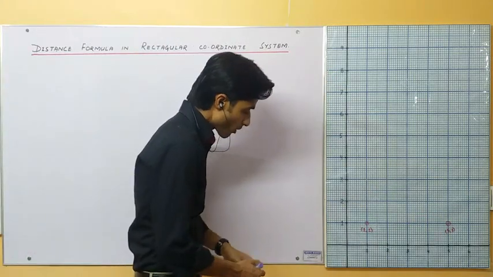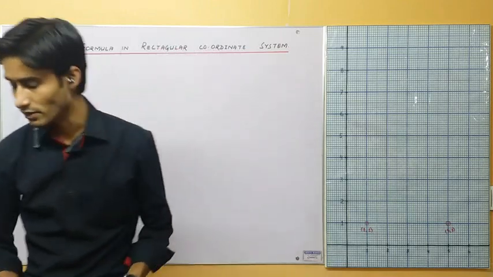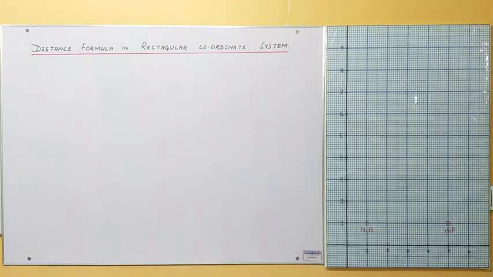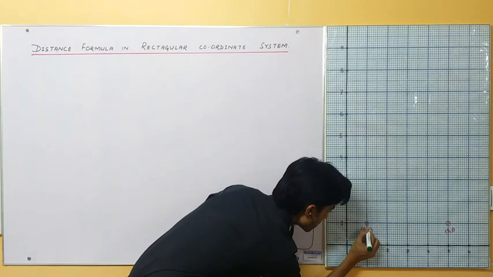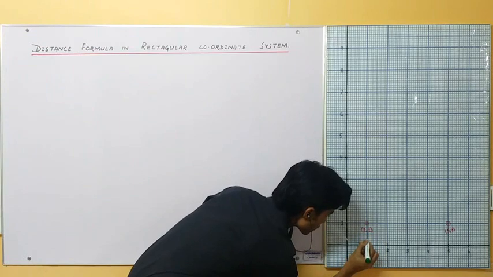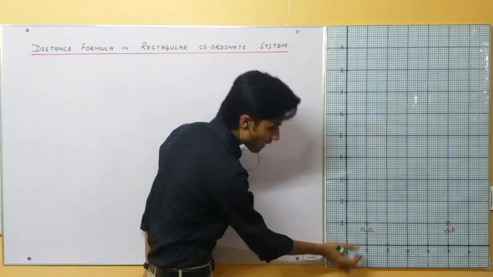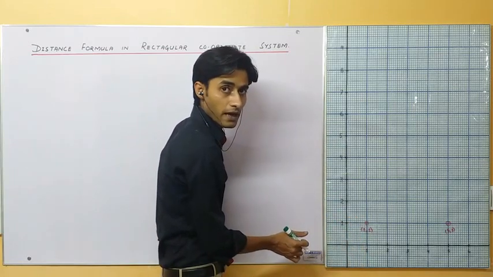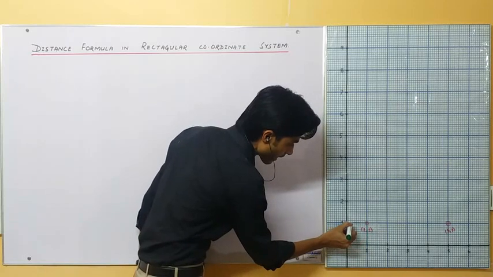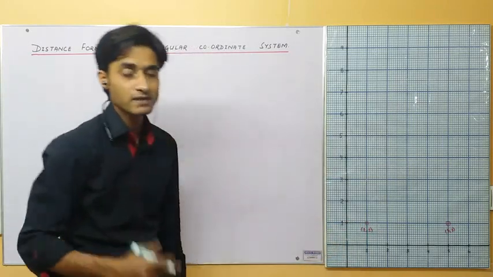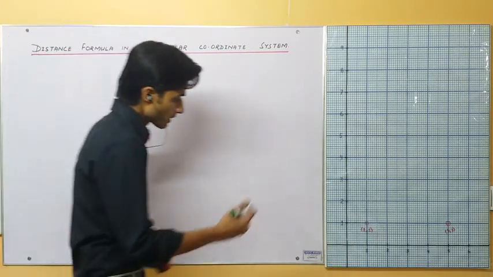So if I talk about these 2 points and their distances from the coordinate axes, what are the distances? This point is at a distance of 1 unit along y-axis, or I can also say this point is 1 unit away from x-axis. In a similar way, this point is 1 unit along x-axis and 1 unit away from y-axis.